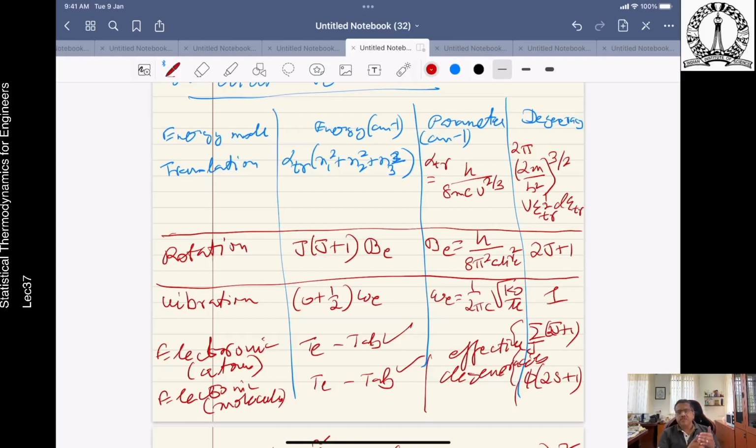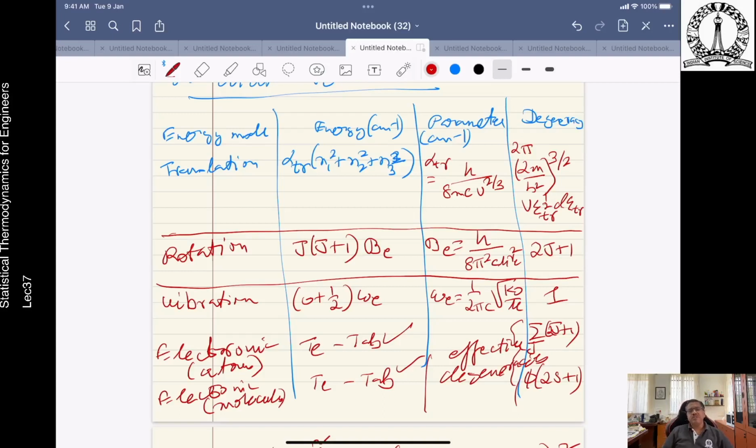For atoms, the required degeneracy is evaluated by summing over the multiplet caused by the different J values, whereas for molecules, we have what is caused by spin splitting. So this we already have done, and we have a fairly good idea.